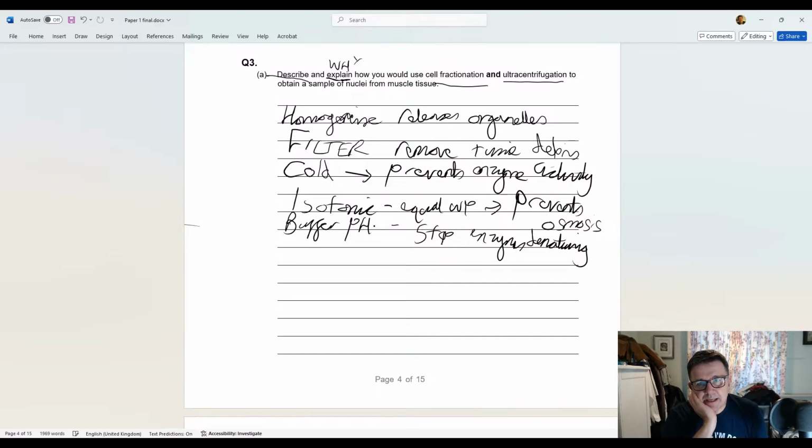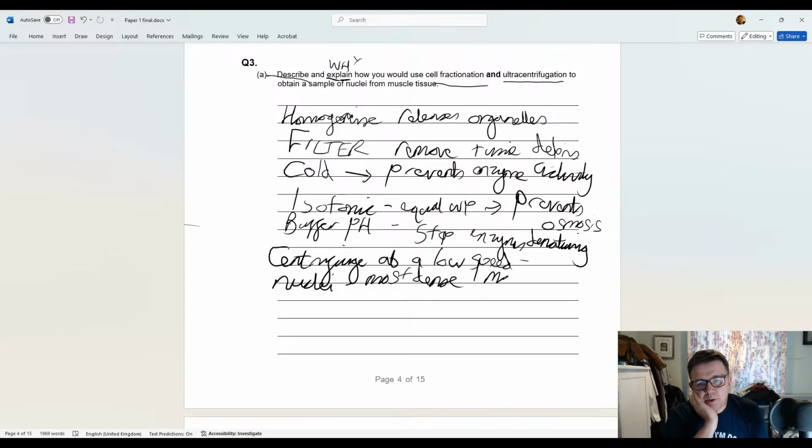Then we've got to talk about ultracentrifugation. So you centrifuge basically, and they might ask you this about centrifuge. You centrifuge at a low speed, first of all. And what happens is that the nuclei, in the pellet, so that's the most dense, will go to the bottom of the tube.